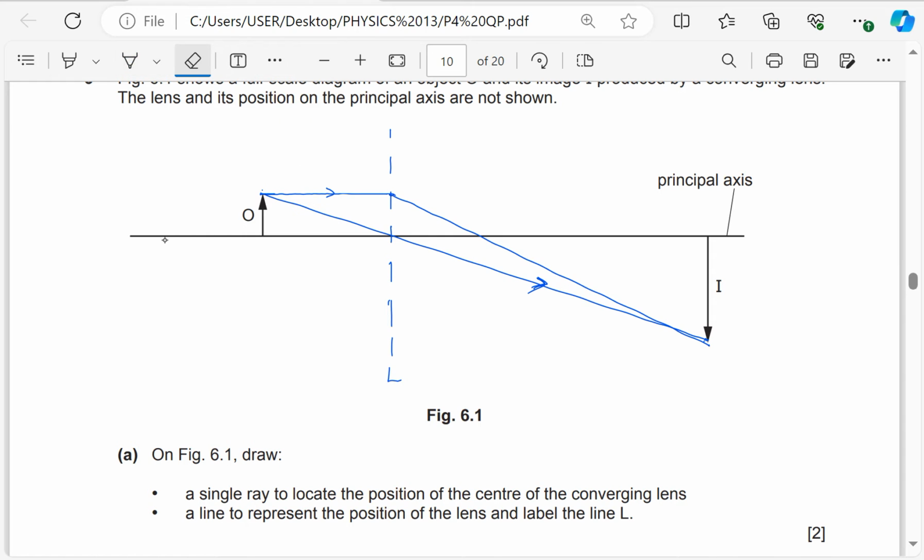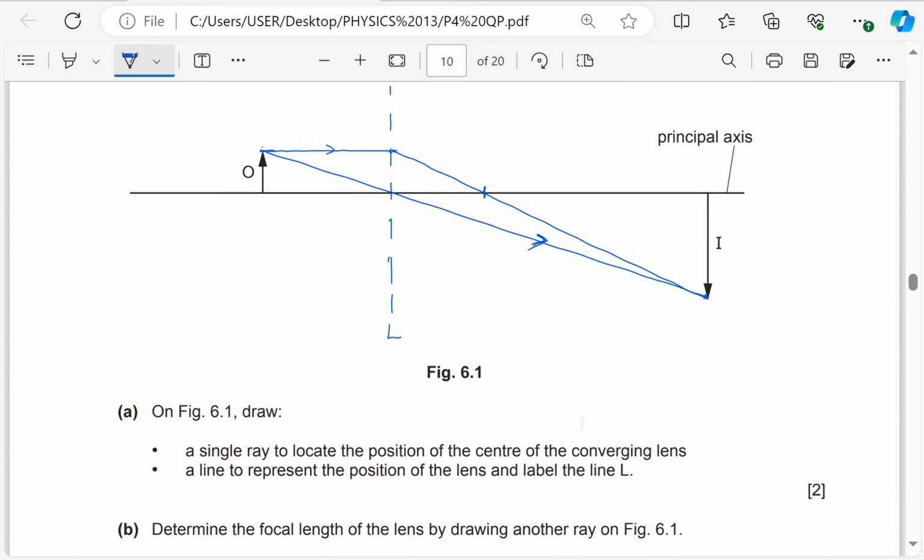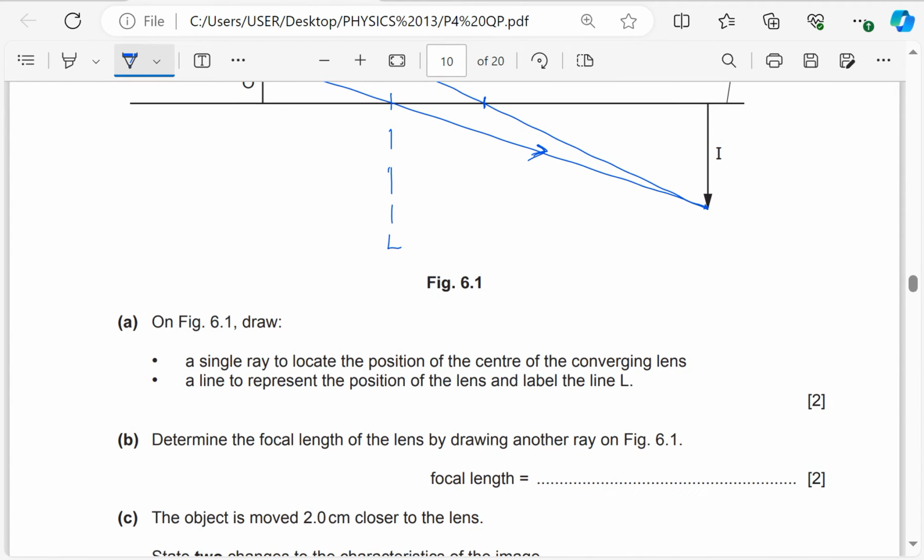It's still very poor. At least that one, I can take that one. You can draw a better ray on your question paper. So that point is going to be the principal focus where it crosses the principal axis.